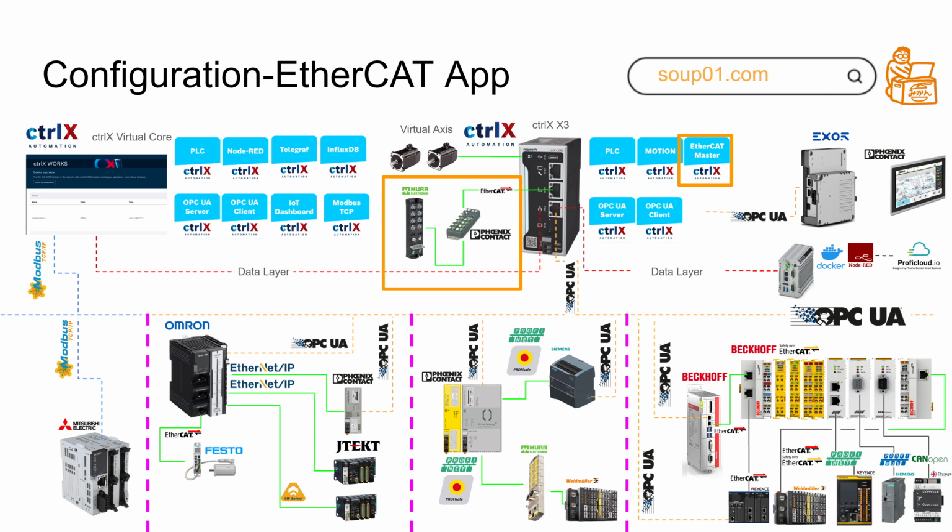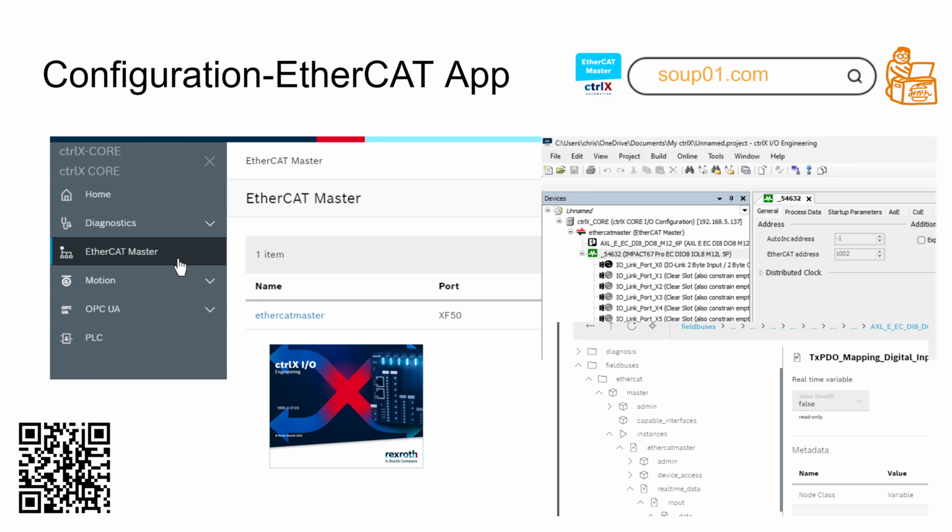So as I mentioned before, the ctrlX X3 provides a port for you to configure as an EtherCAT master and then to communicate to the EtherCAT slaves. So here is the screen inside the ctrlX, inside the EtherCAT app. Then you need ctrlX IO Engineering.